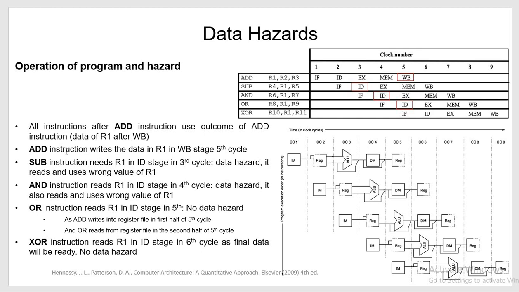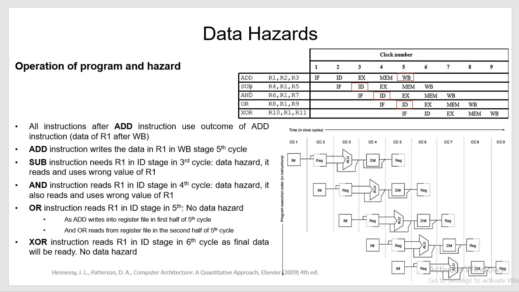The add instruction will actually generate the data for R1 in the write back cycle, and that particular cycle will be the fifth cycle of the pipeline. The updated data will be available within R1 only after the completion of the fifth machine cycle.